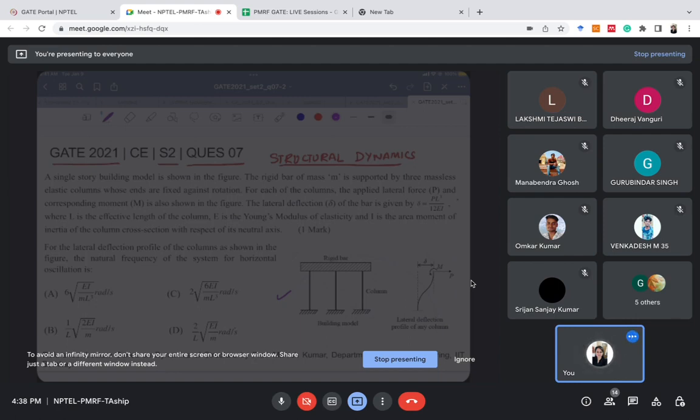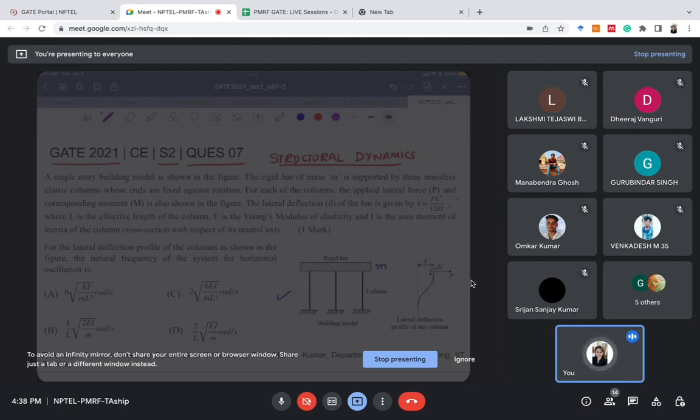To simplify problems in structural dynamics, we prepare this simplified model of a building. In this model, the floor is considered a rigid bar, and the columns are considered massless, meaning they do not have any mass compared to the floor.